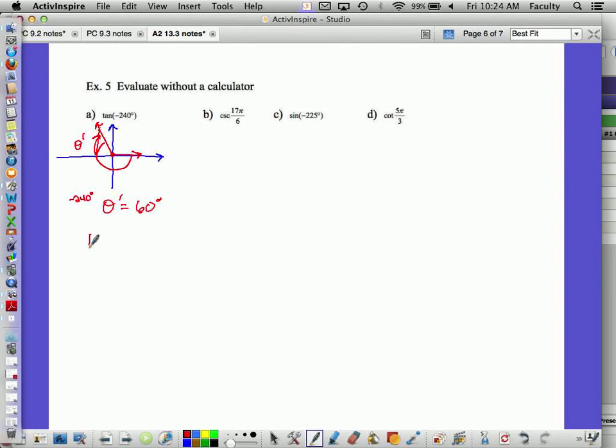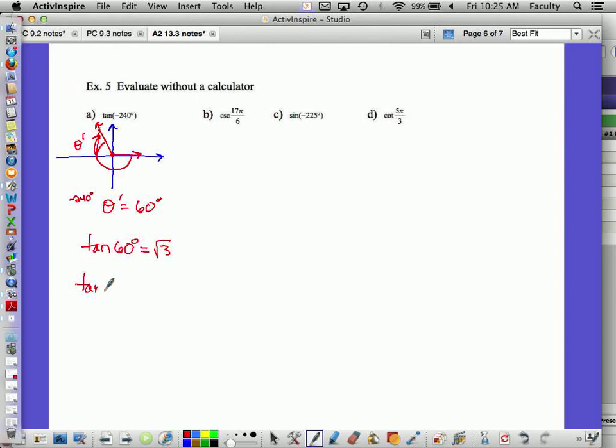Step 2, you're going to take the given trig function, which is tangent, and I'm going to find the tangent of 60. So we're going to look at our 30-60 right triangle. And I go to 60 degrees, and if I want tangent, it's TOA. That's opposite over adjacent, so it's radical 3.